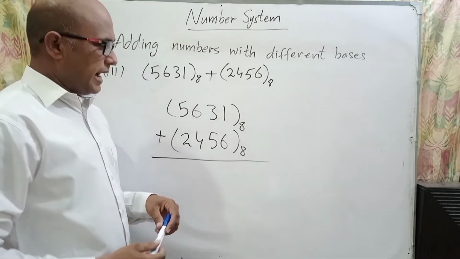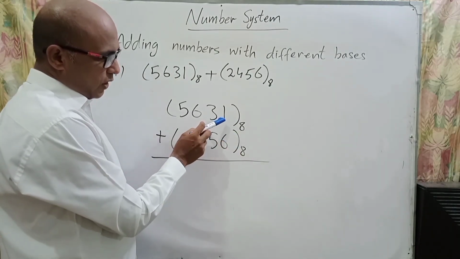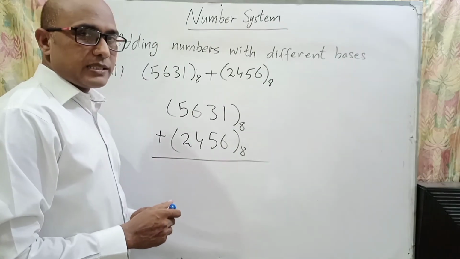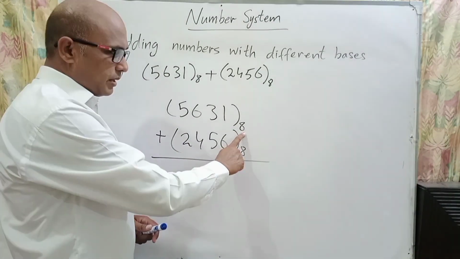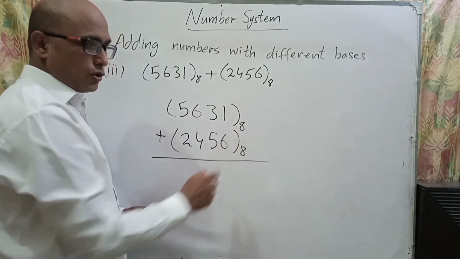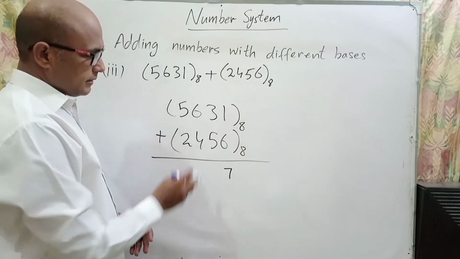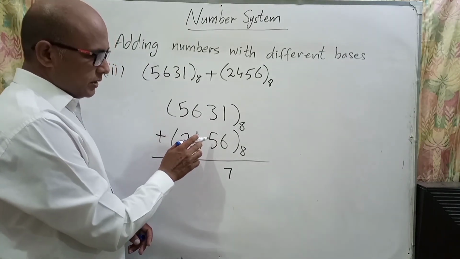Now we have to add the numbers with base 8. First of all, 1 plus 6 is 7. Since 7 is less than the base number, which is 8, we'll write 7 as it is. The next numbers are 3 and 5.